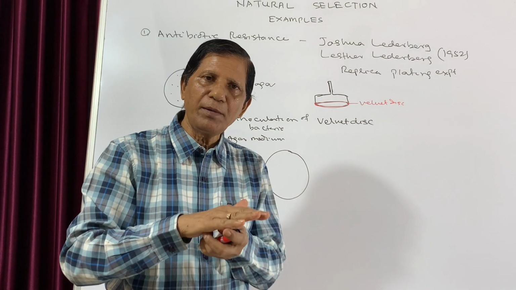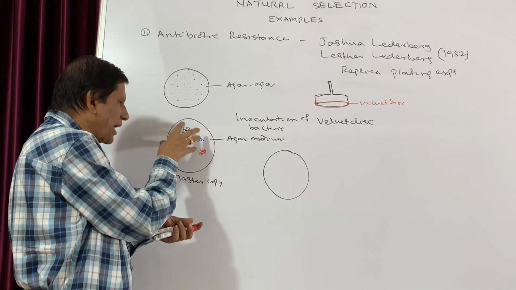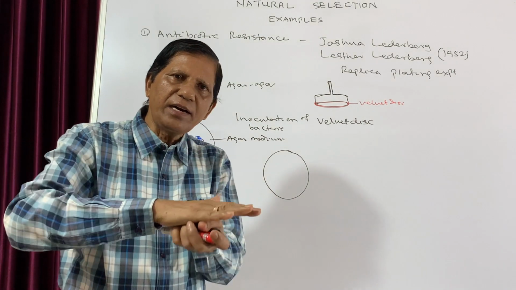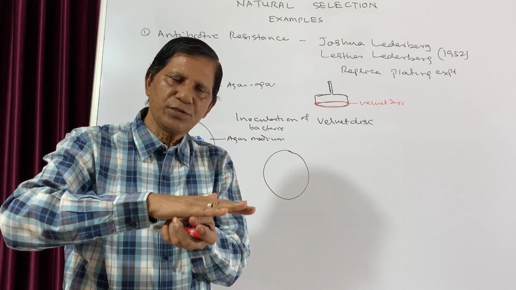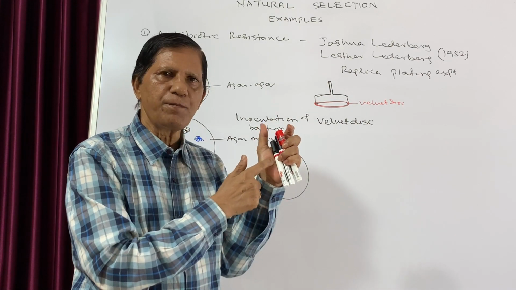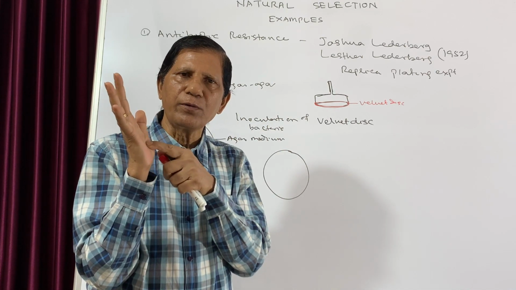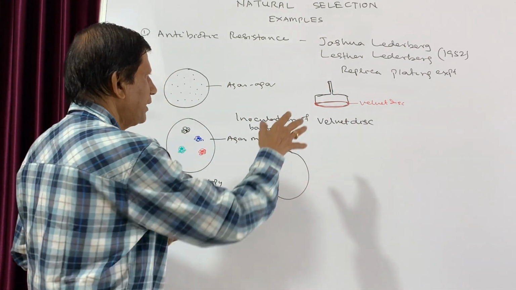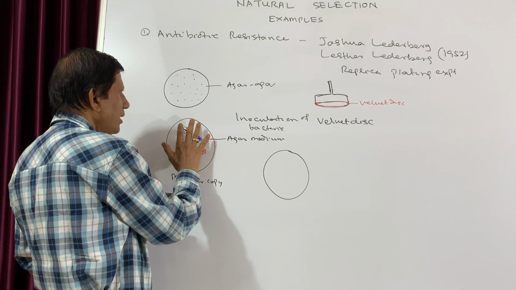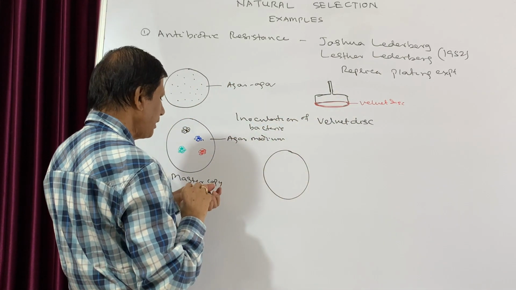As a result, what will happen? Some of these bacteria will be printed on this velvet at the same place. Just as if there is some ink spot here, and I put my other palm there, then automatically one print will come out. In the same way, when this velvet disc is put on this, it will be printed on the velvet disc at the different places.